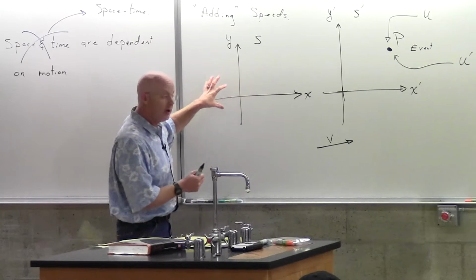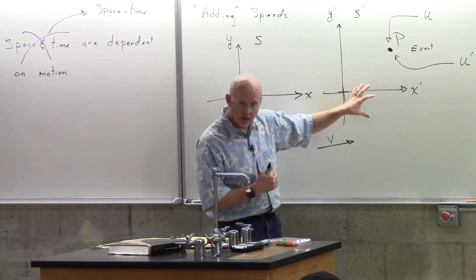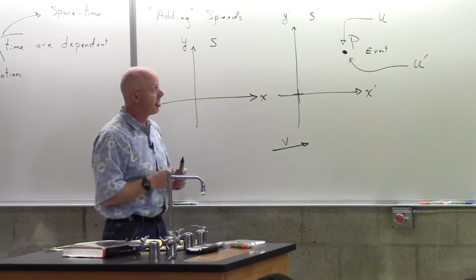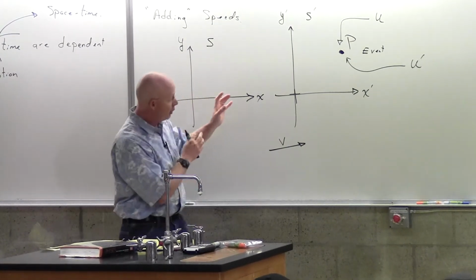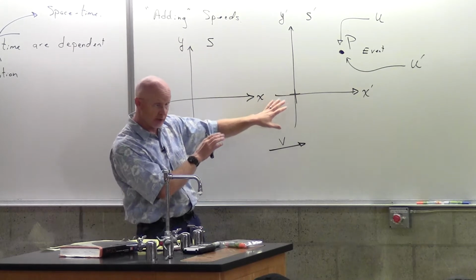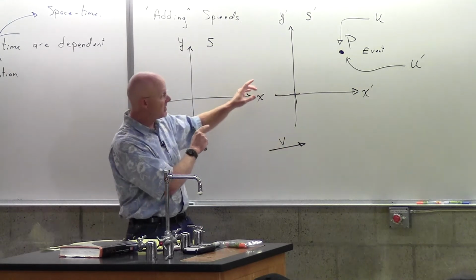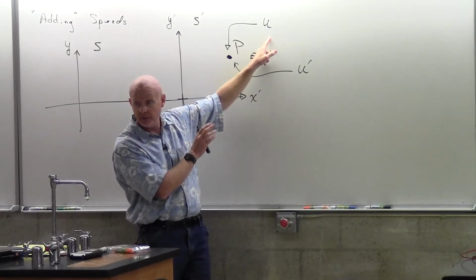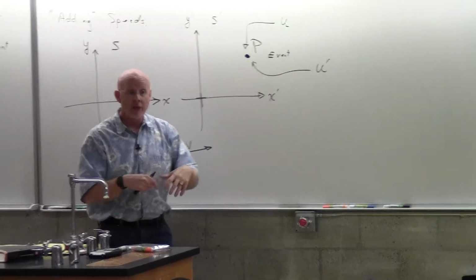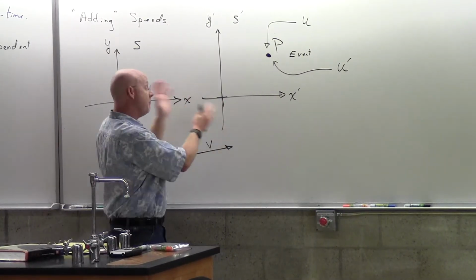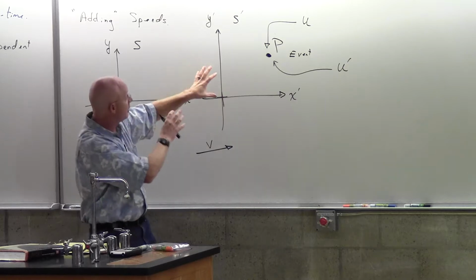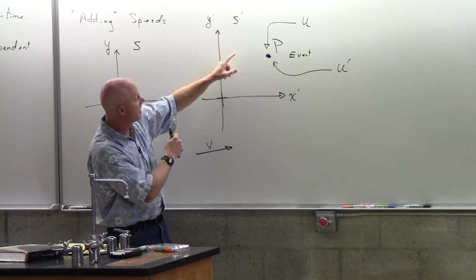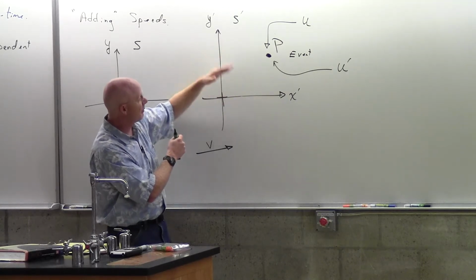So here is one observer, here is another observer. One observer is listed in terms of X and Y. That observer would see the second observer moving with a speed v. They would see the object or the event moving with a speed u. Fair enough? The moving observer, actually they both could be moving, but the other observer, the observer from the prime system, would measure the location of this object in the X prime and Y prime.